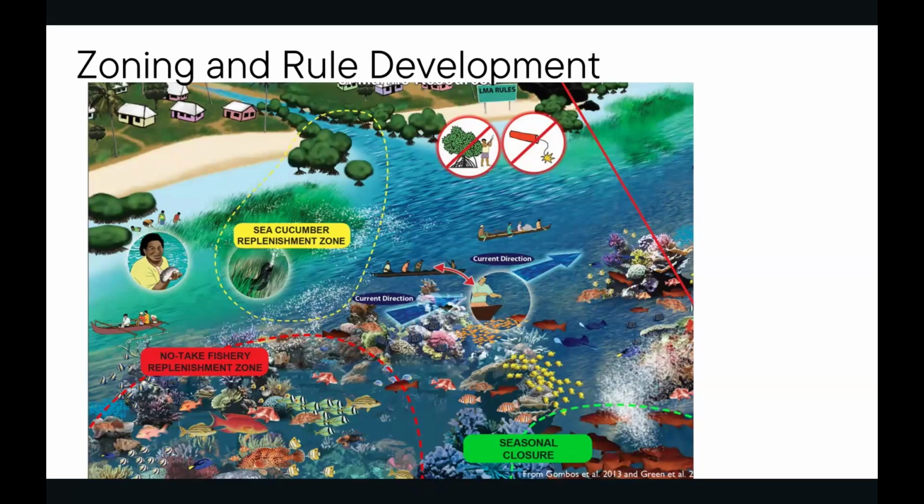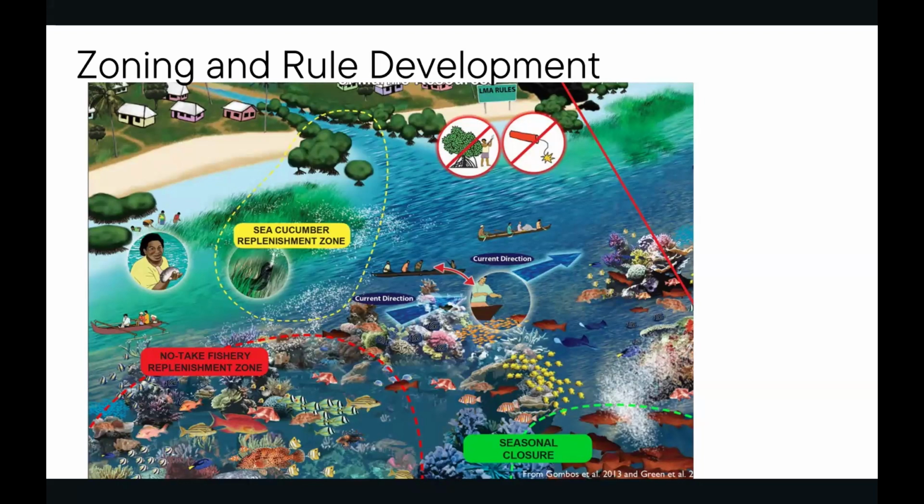So if we look at this example in this picture, this community is managing their whole marine area as a locally managed area. And they have one no-take zone in red where there's no taking of any resources. They've got the seasonal closure in green, which is only in certain times of year, which protects grouper when they're spawning.